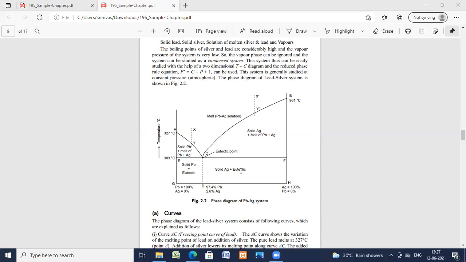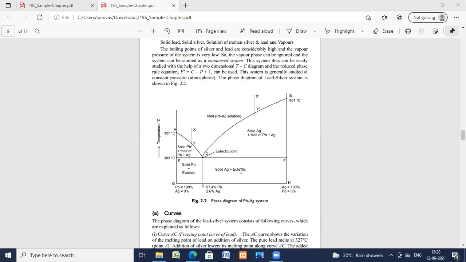F prime is degrees of freedom, variables for two components, that is solid liquid temperature compositions. So solid liquid equilibrium I have preferred here. Two components completely miscible, two components partially miscible, two components immiscible.